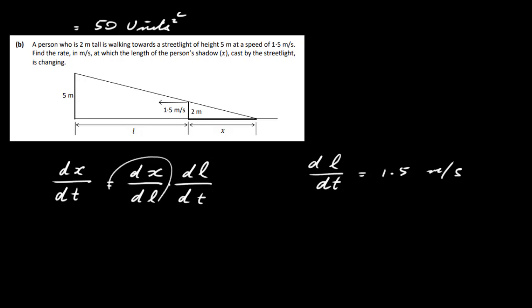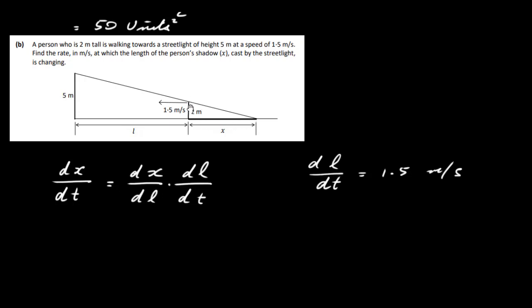Now all we've got to do is work out this one here, dx/dL. So how is x changing with respect to L? We've got to form an equation with x and L in it. The other thing you probably should have noticed is that we have two similar triangles. We have this big one here, and we have this little one inside it.